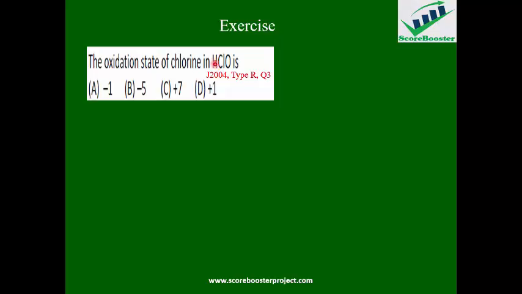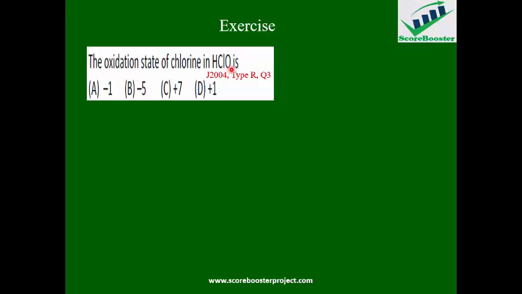In a case where the oxidation state of hydrogen is not 1, that means it is with a metal like sodium, like potassium, whose oxidation state is never changed. In that case, the oxidation state of hydrogen will change. But in this case now, hydrogen remains a +1.